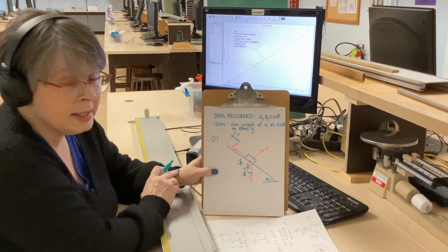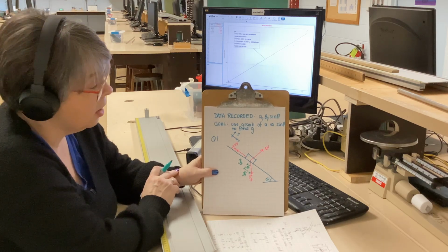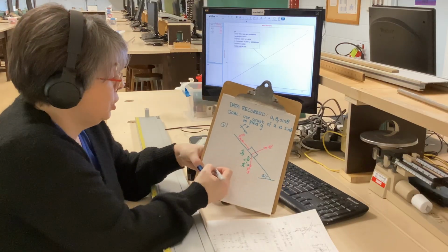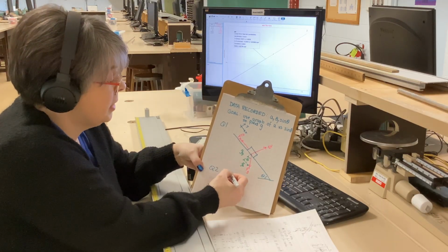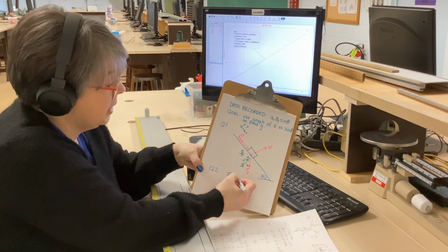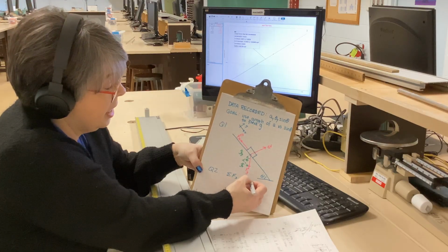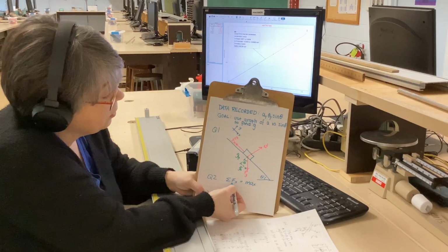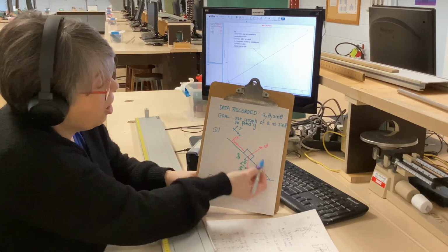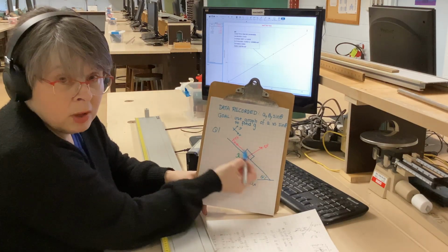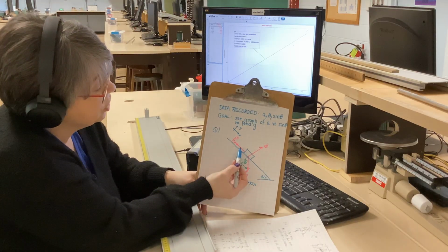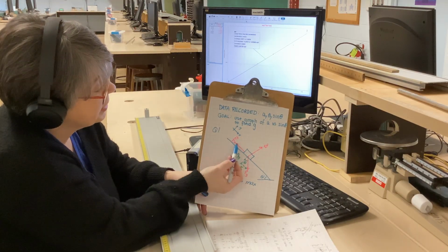Question 2 asks us to write Newton's second law in the x direction for the cart. Write the sum of the forces in the x direction equals mass times acceleration in the x direction. Sum of the forces means add up all of the forces that are parallel to the x-axis, parallel to the track. Parallel to the track, we have the friction force. It's up the hill.